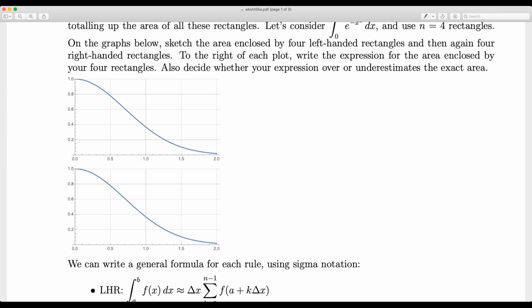We don't have to, but it's way more convenient if you do, because it'll simplify some arithmetic later. So let's decree that we will always use the same width for each rectangle, whatever that is.